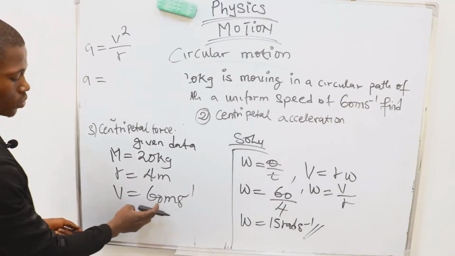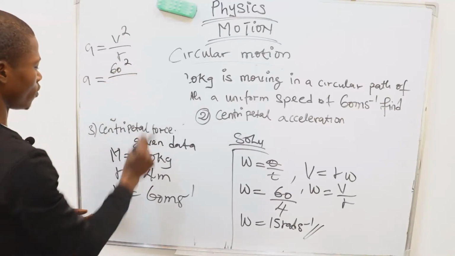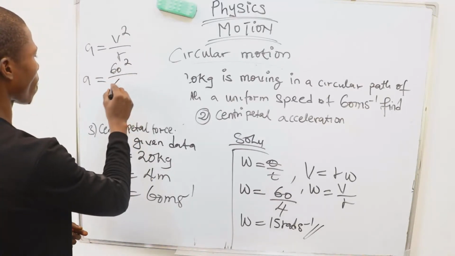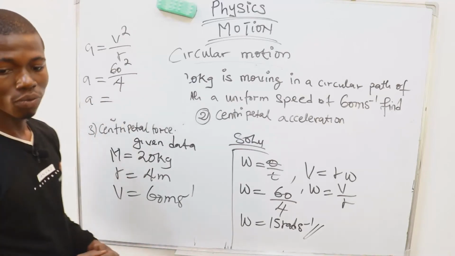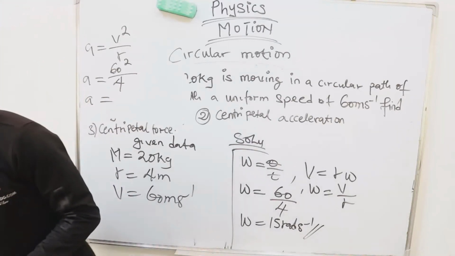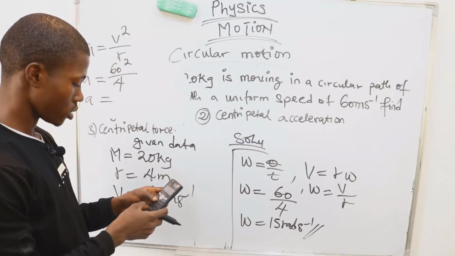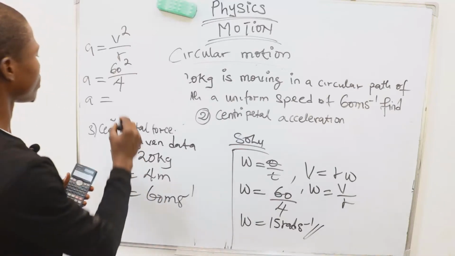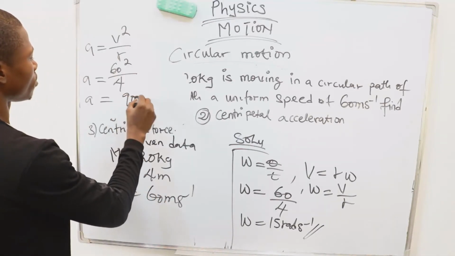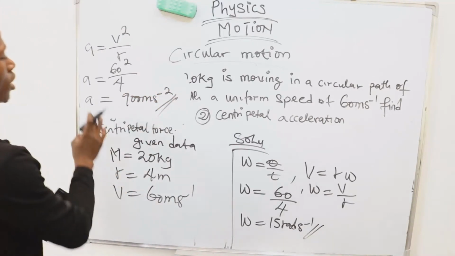We have velocity here, which is 60, squared, all over our radius, which is 4. So finally, let me punch in my calculator. Our acceleration will be 60 squared divided by 4, which gives us 900 meters per second squared. This is our acceleration.